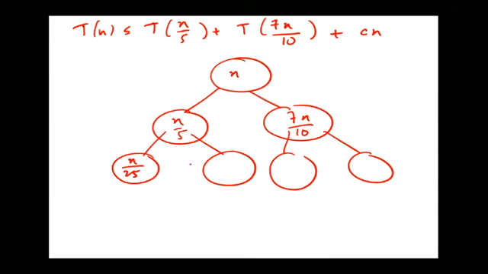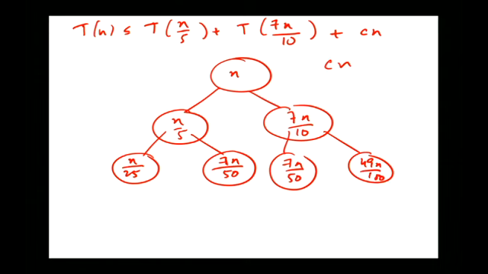Now it's getting a little ugly. 7n over 50 and 7n over 50 and 49n over 100. Messy.